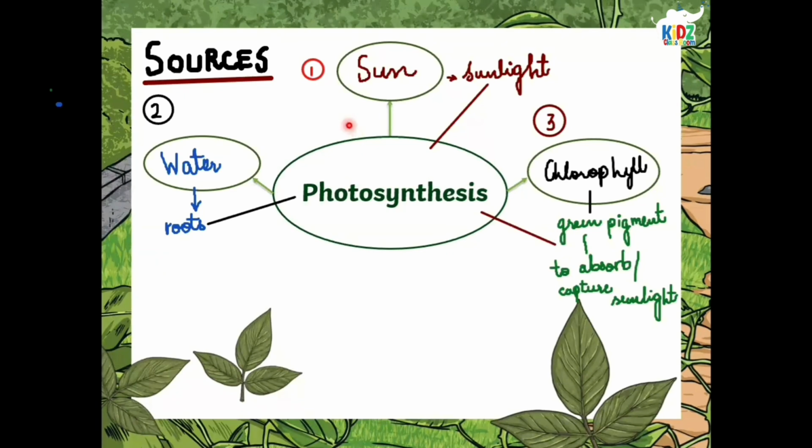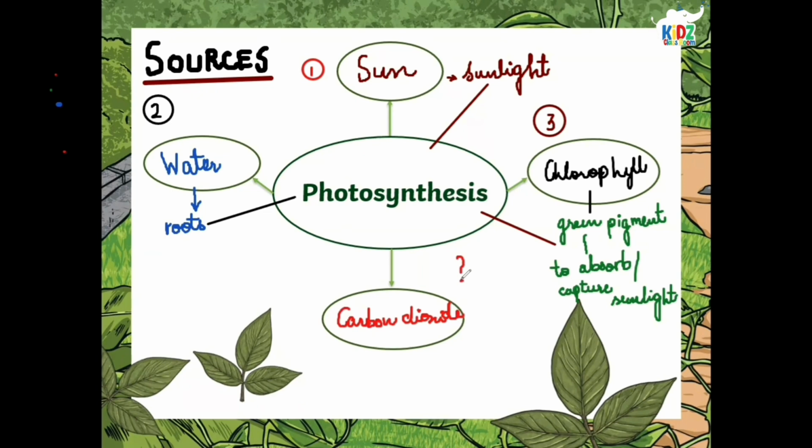Okay, so the fourth was the last source that was required for the process of photosynthesis. Pause the video and tell me what was the last source? Yes, it was carbon dioxide. And where do we get carbon dioxide from?